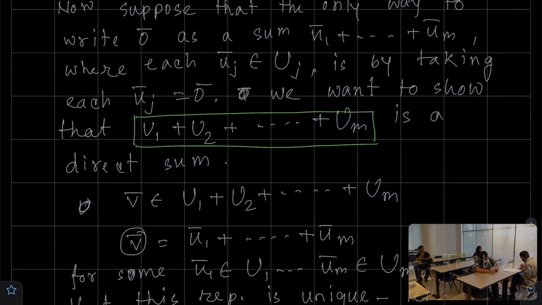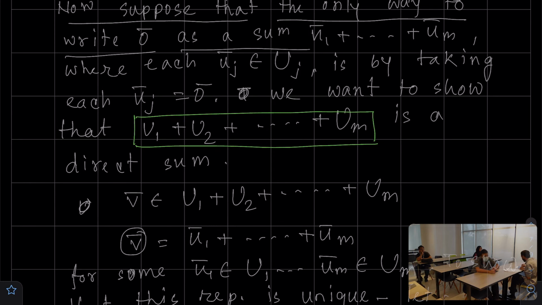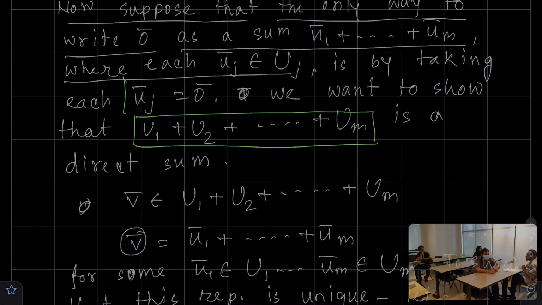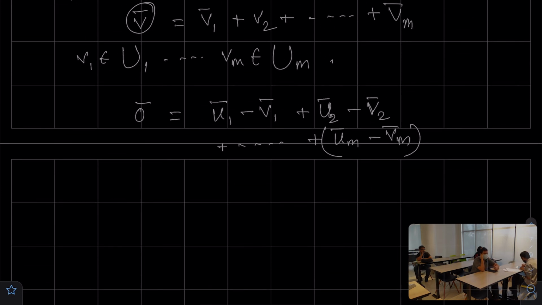Now suppose that the only way to write 0 as a sum where each uj is by taking this equal to 0, right? That means each of these will be what?